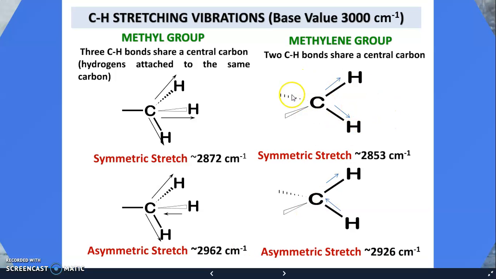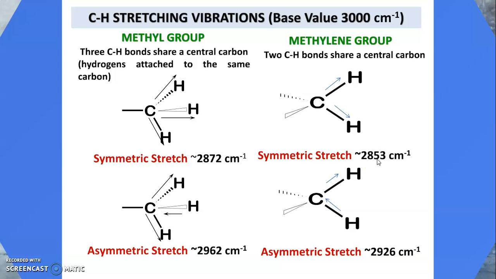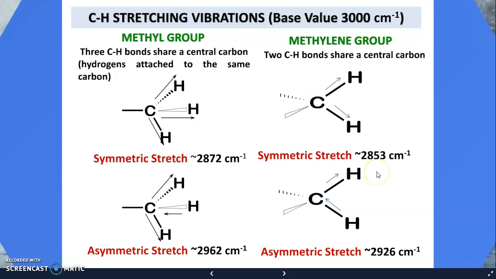Similarly in the methylene, CH bond stretching symmetric gives lower frequency, asymmetric stretching somewhat higher. It is near about 3000, but shifted to lower wave number. So in this way, they show two peaks. One peak is divided into two peaks. That's why it is called coupled vibrations.